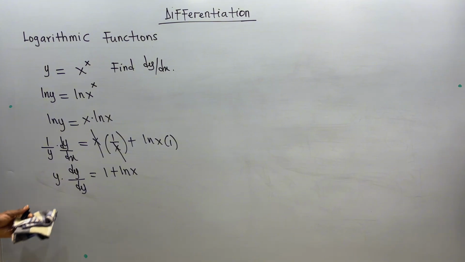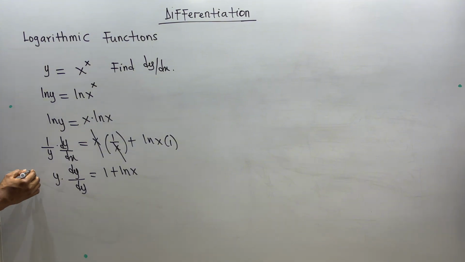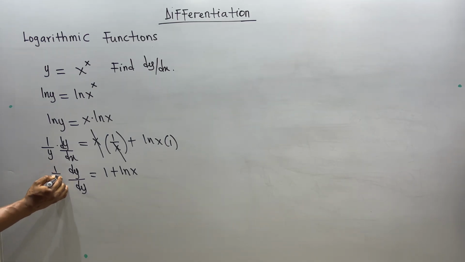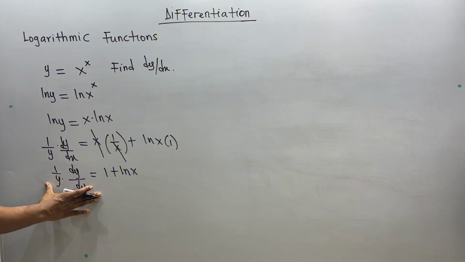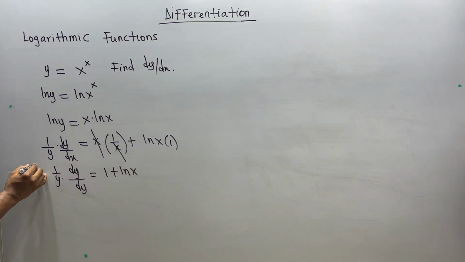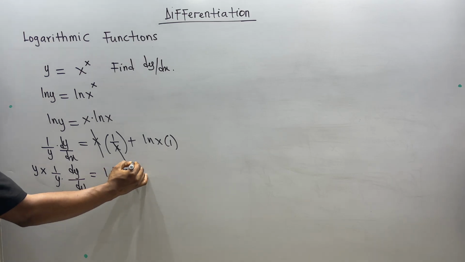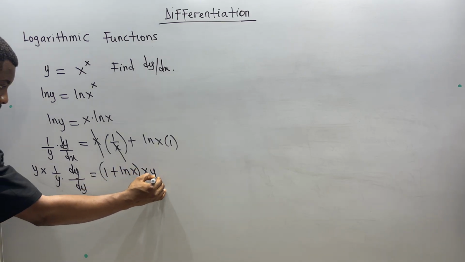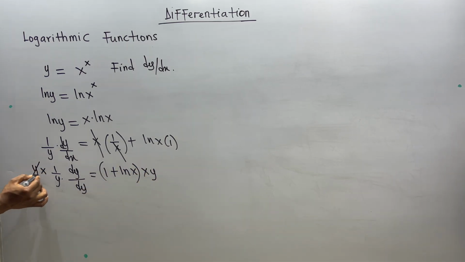Now to make dy over dx the subject, from here we have 1 over y, rather. So to make dy over dx the subject, you can easily multiply throughout the equation by y. So we have y times this, we have y times this. y can cancel out y.